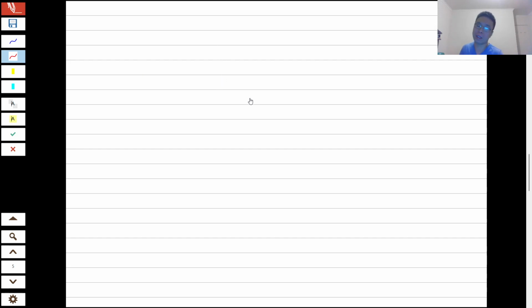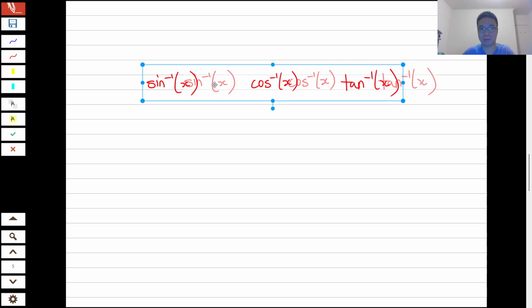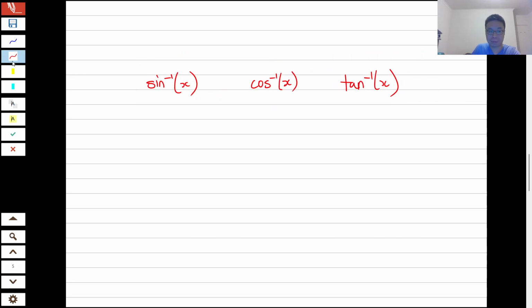When the CAS calculator returns a value for inverse sine, inverse cosine, and inverse tan, you need to think of these as functions with a domain and range. So for inverse sine, the domain is -1 to 1 because sine can only take on values between -1 and 1.